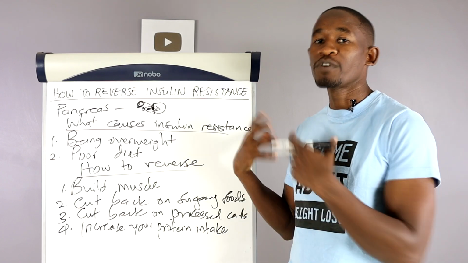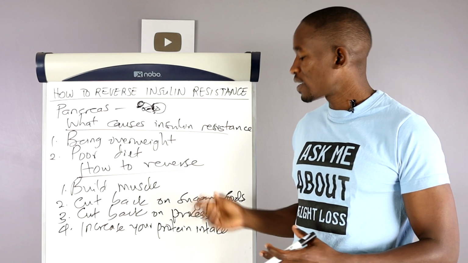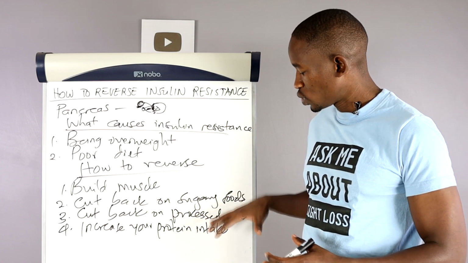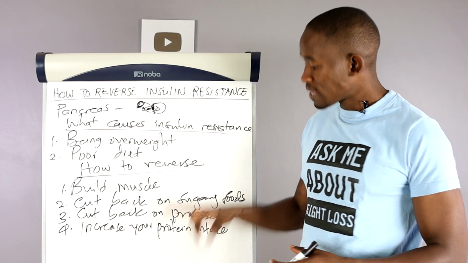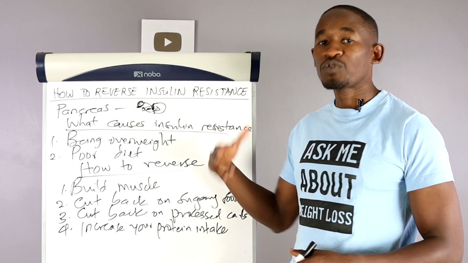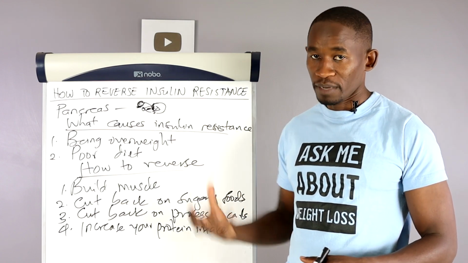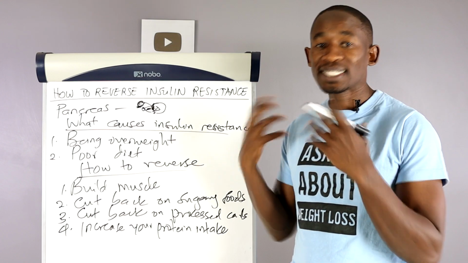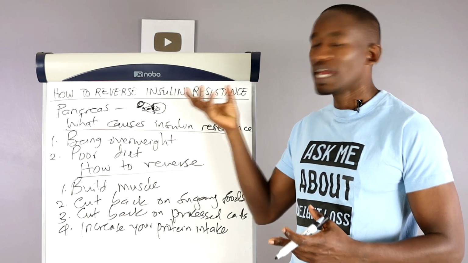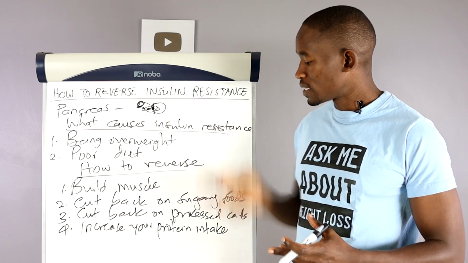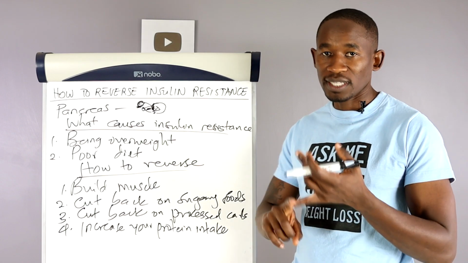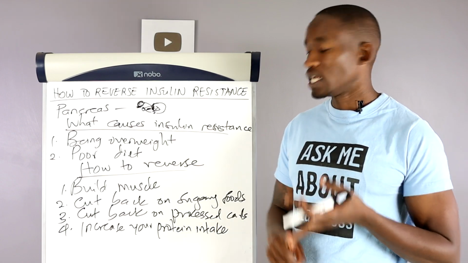It's going to keep you full for long, and it doesn't trigger cravings as much as these two categories of foods here. And the other thing about protein is that it's good for weight loss and it's good for building muscle mass, which all play a significant role in improving insulin sensitivity. So by increasing your protein intake, you increase your chances of building muscle mass and losing weight.